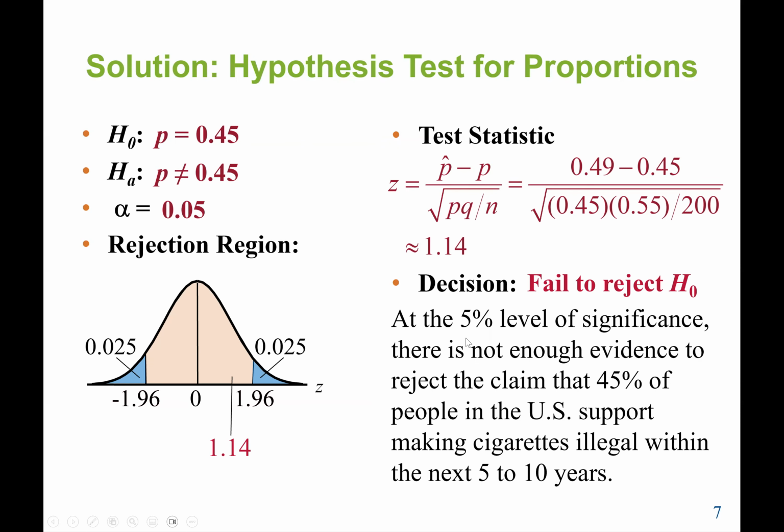So here we say at 5% level of significance, there is not enough evidence to reject the claim that 45% of the people in the US support making cigarettes illegal within the next 5 to 10 years. So again, either reject or accept depends on two values: the critical value and also the test statistic.